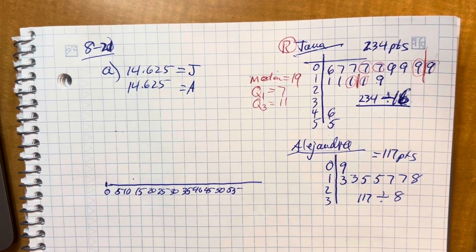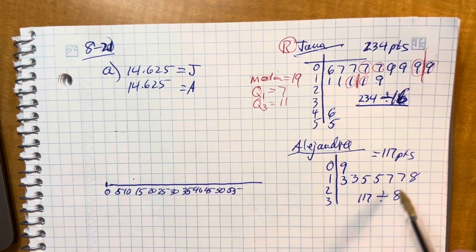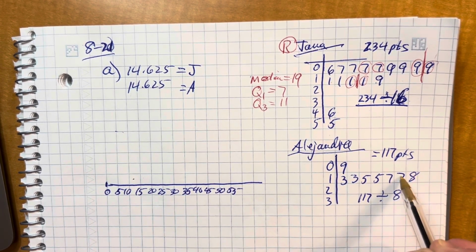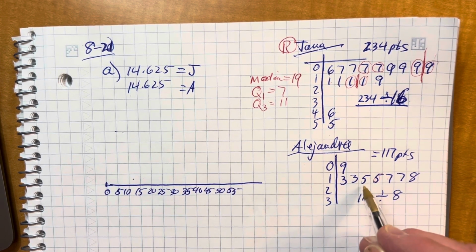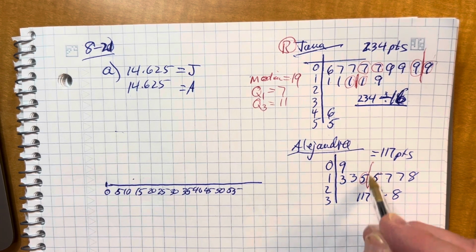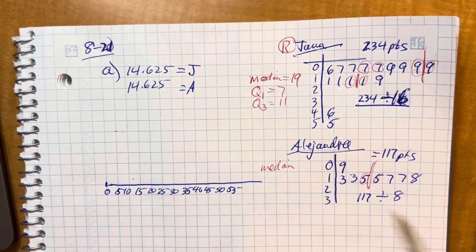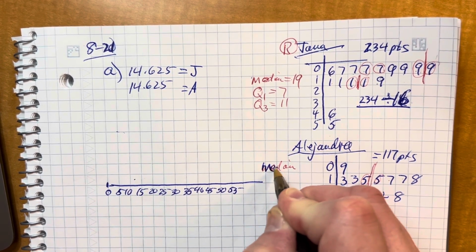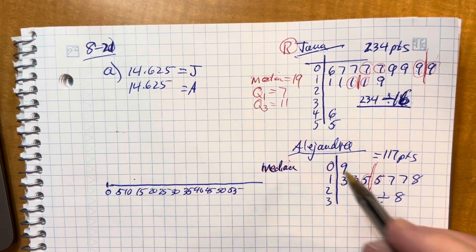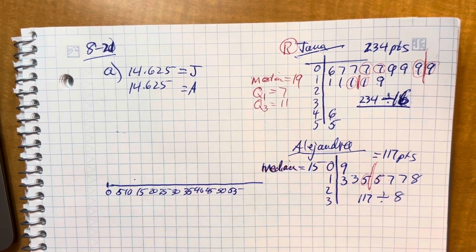Now, let's go to Alejandra. She has 8 scores, so we just need to count 4. 1, 2, 3, 4. Here it is, and 1, 2, 3, 4. Here it is as well. So right there, the median. I'll make hers blue so we can make them different. Median, color-coded is nice, is 15.